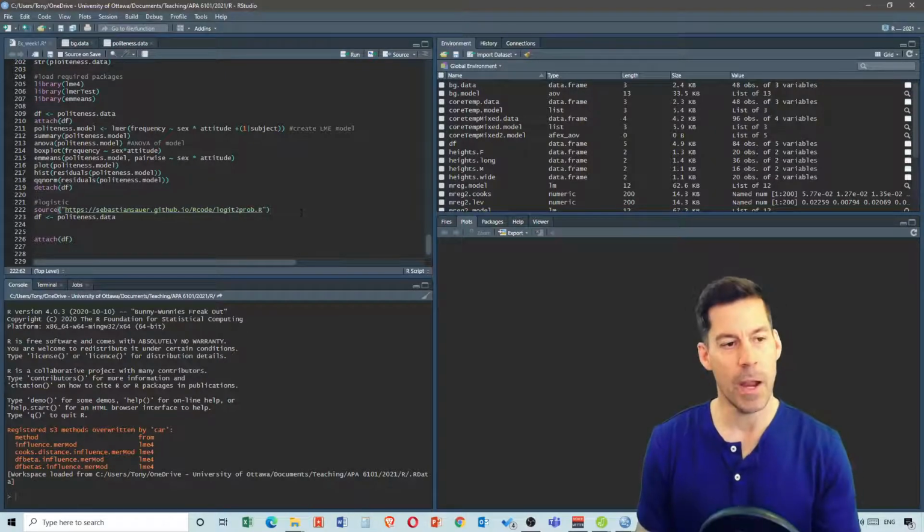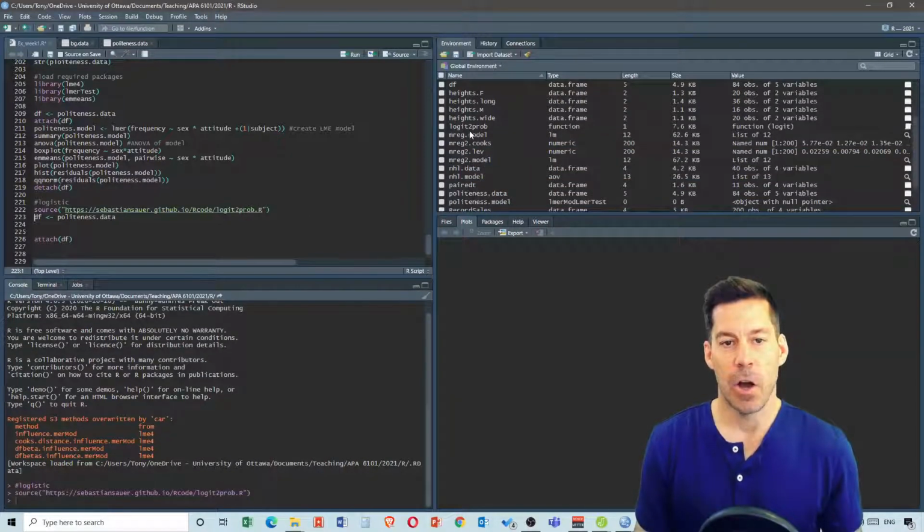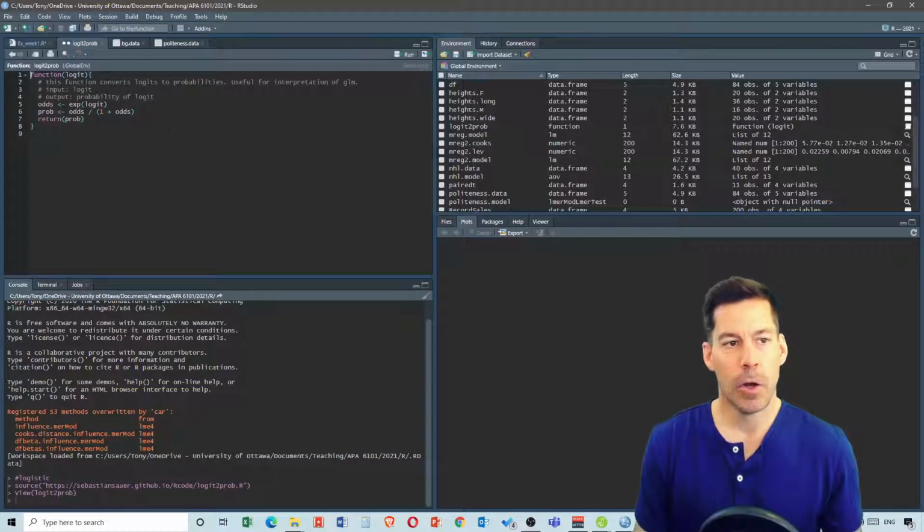When we run that command, we get a new object called the logit2prob function. If I look at that function, we can see what it's doing is just taking our odds and dividing it by 1 plus odds and outputting the probability. So it just makes our life a little bit easier in terms of doing that calculation.